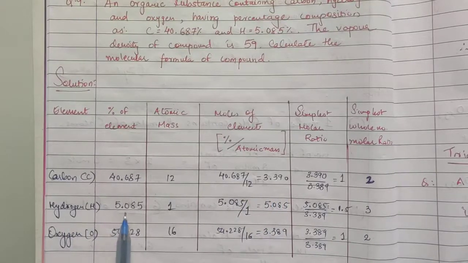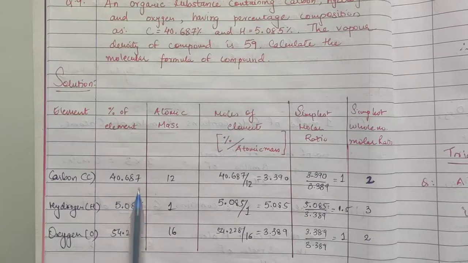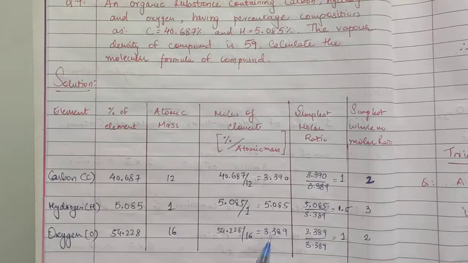Similarly for hydrogen, 5.085, atomic mass 1, so 5.085 divided by 1 is 5.085. Last is oxygen: add those two and subtract from 100, so you get 54.228. Atomic mass of oxygen is 16, and 54.228 divided by 16 gives 3.389.